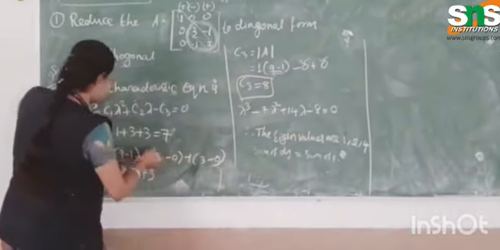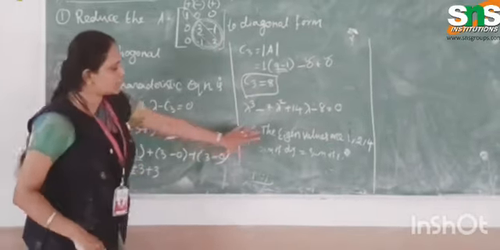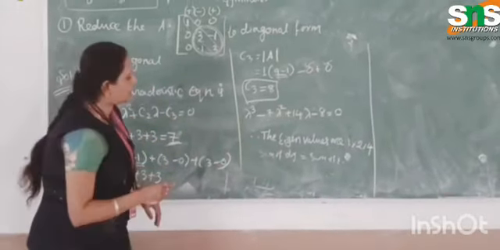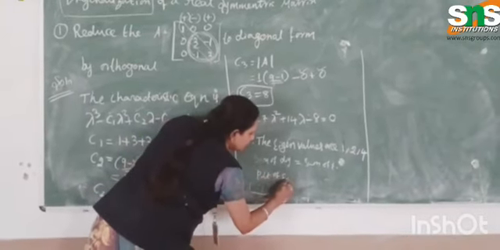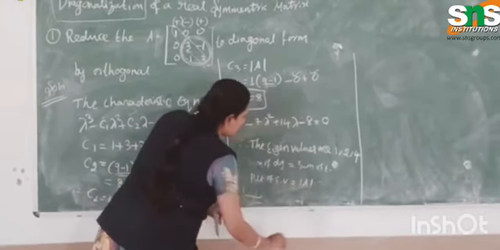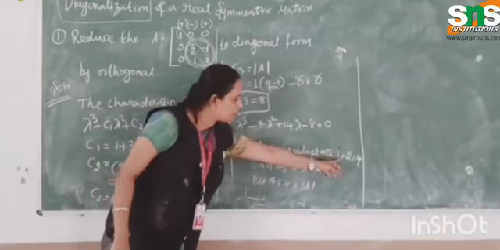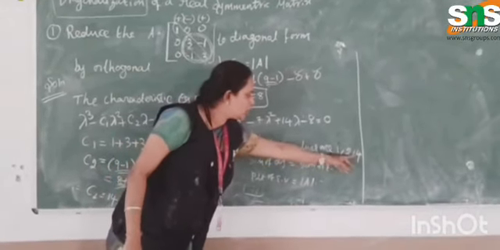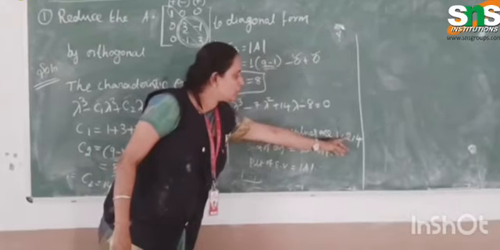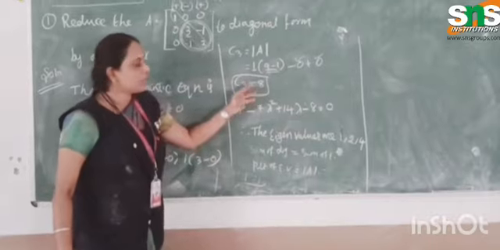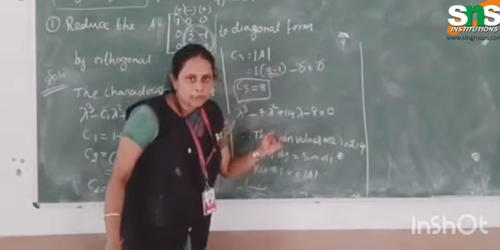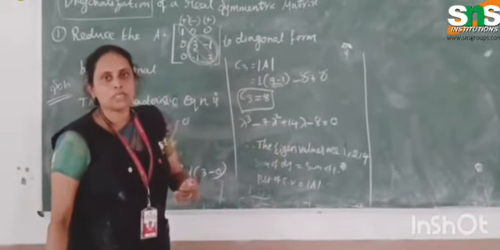The sum of diagonal elements is 7, so it is correct. Using the second property, the product of eigenvalues is equal to the determinant of A. 1 into 2 into 4: 1 into 2 is 2, 2 into 4 is 8. So our determinant is 8, and the eigenvalues are correct. In this problem the eigenvalues are 1, 2, 4.